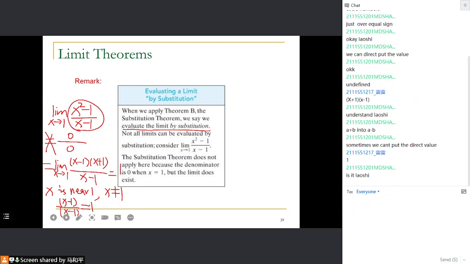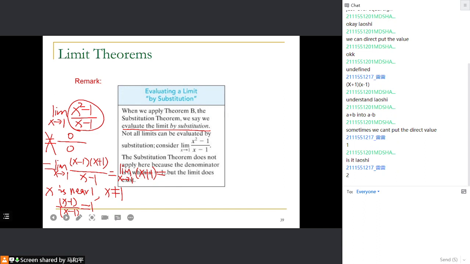So we can write this as the limit as x approaches 1 of x plus 1, right? And then we can use the substitution theorem, substituting 1 for x. So the limit does exist. This one is this simple.